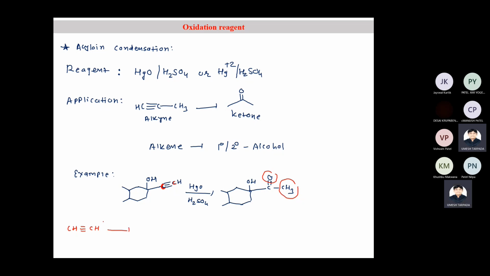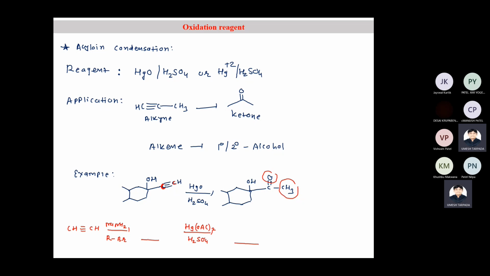If you have NaNH2 base and alkyl bromide, and you are getting product A, which on reaction with HgSO4 and H2SO4 gives product B.